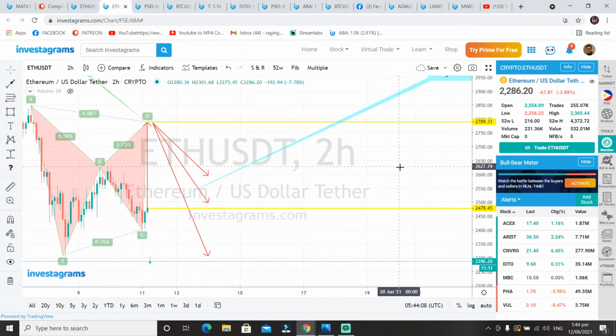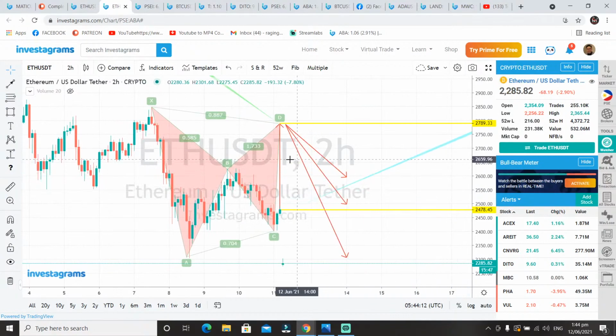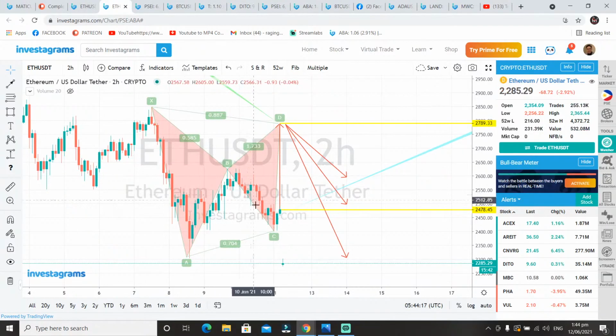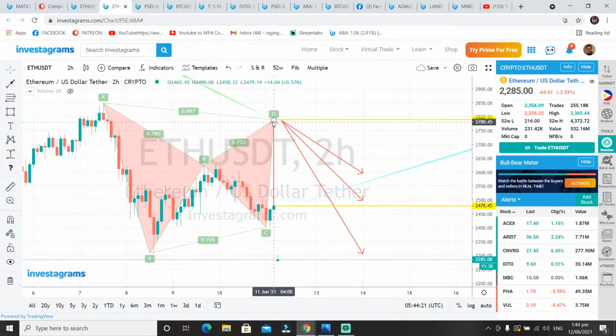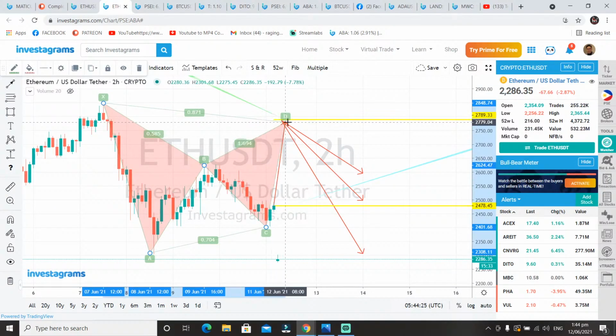Okay, so for example, like this one. That's why I said it is important not just to look at the pattern. It might be forming this one. There's a chance that it could make this pattern, but unfortunately it did not.